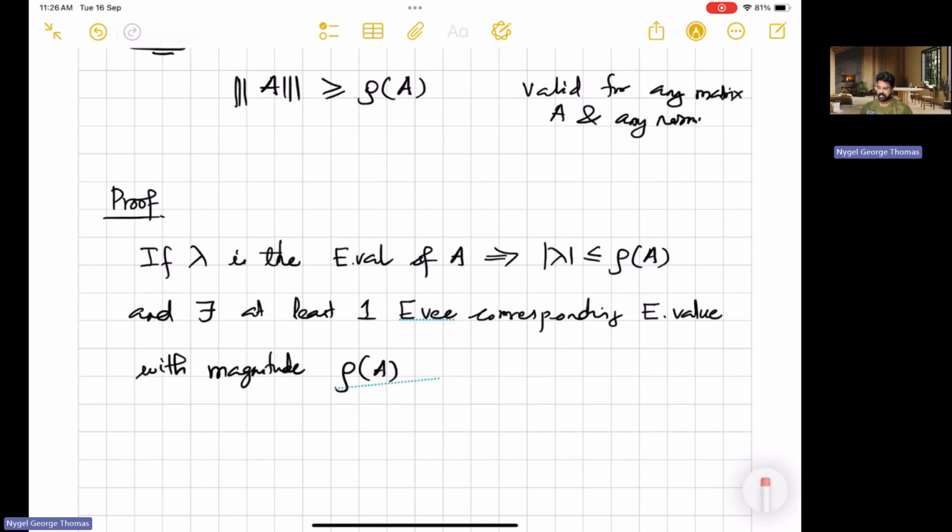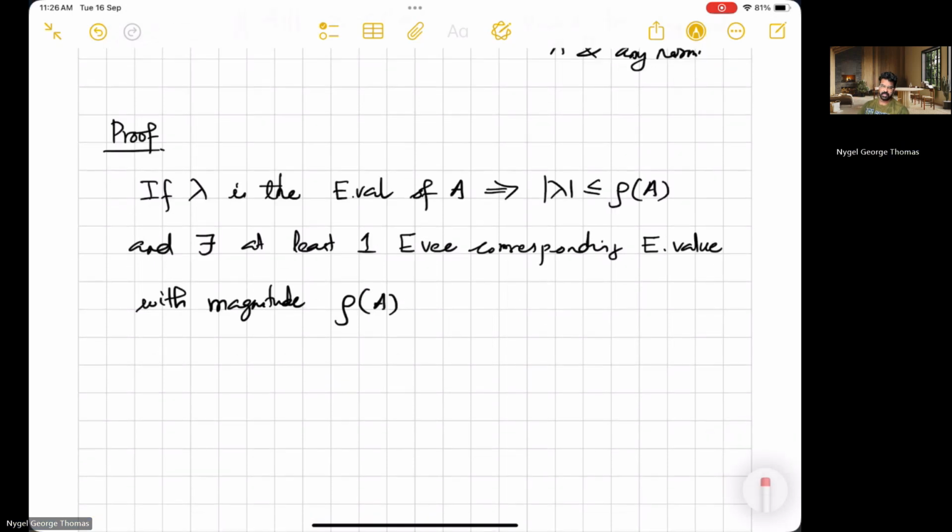It's actually the max of the modulus of lambda. Let's not go into that detail. This is true for all matrices. Even if you have repeated eigenvalues, there should be at least one eigenvector corresponding to distinct eigenvalues.